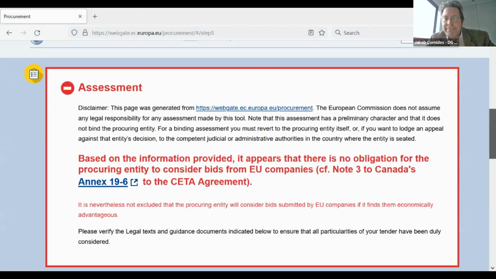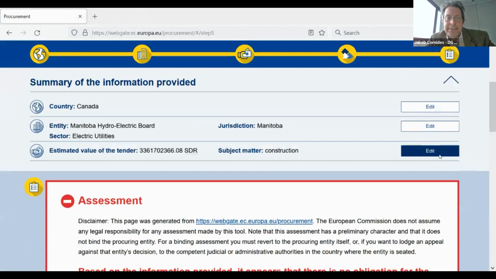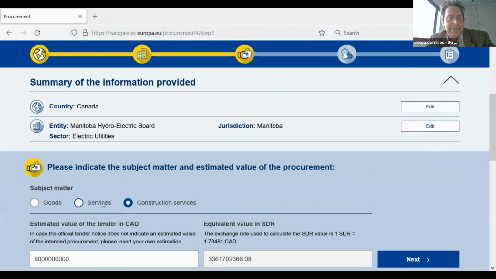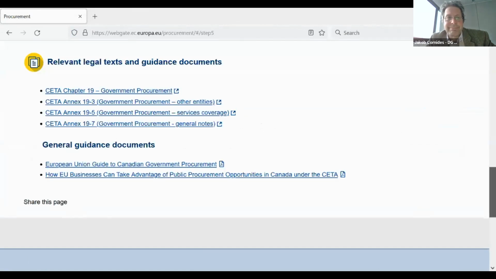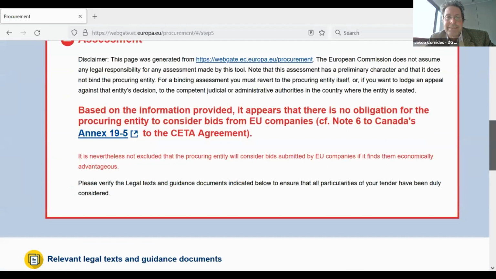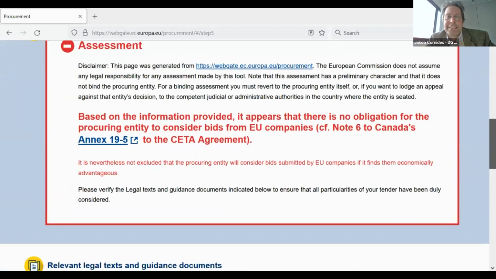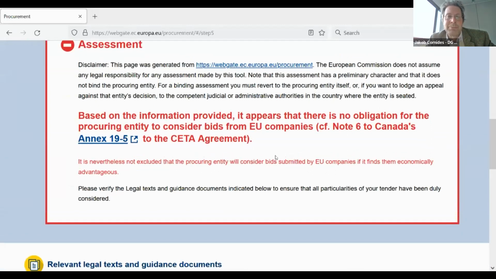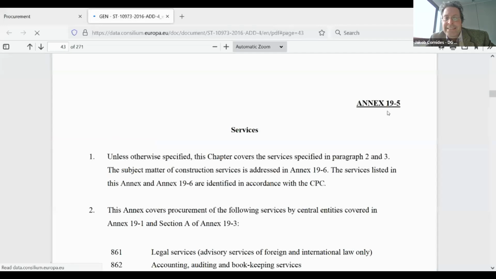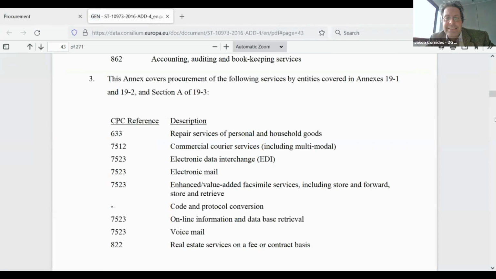Okay, I can go a step back and say, it was not construction services. I was wrong. It was services. And, well, again, bad luck. No obligation for Manitoba Electric Board to buy my services. Why is that? I look again. This time it's note 6 in the same annex.